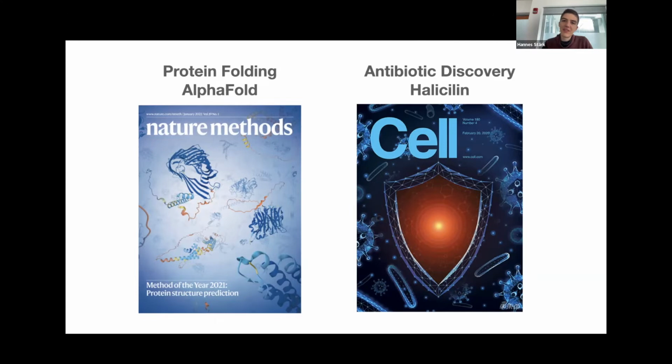Then there's another example, an antibiotic called halicin that was discovered in 2020. There they used graph neural networks to predict the properties of molecules, to help search through those molecules faster and find drug candidates, such as the final antibiotic, which then was halicin.